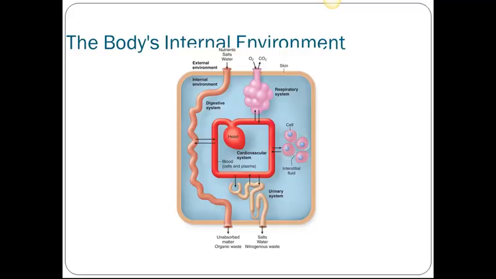The body's internal environment, you can think of it as a bag, and it absorbs substances and excretes substances into the external environment. We have the respiratory system, which absorbs oxygen and brings it in, where it is then transferred to the bloodstream and transported by the cells to muscles and organs throughout the body.